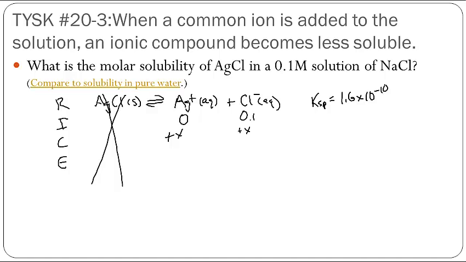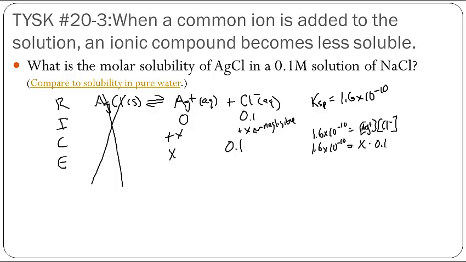So these problems are actually a lot easier because now I have X, but it doesn't matter, so it's 0.1, right? Because this is negligible. So now I can plug in: 1.6 times 10 to the minus 10th equals Ag plus times Cl minus. 1.6 times 10 to the minus 10th equals X times 0.1.